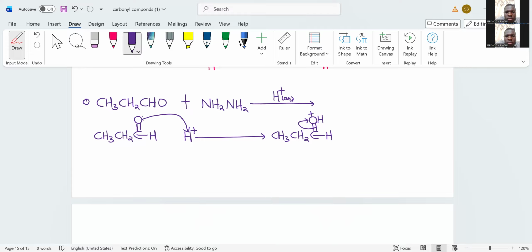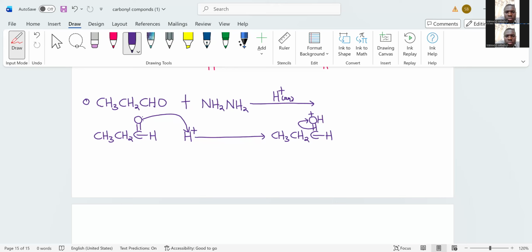We give it electrons using those in the double bond. Once we give oxygen electrons, now carbon also becomes electron deficient. Why? I am taking electrons from a covalent bond which was formed when carbon contributed electrons and also when oxygen contributed electrons. Now I have taken those electrons and donated them to oxygen. So carbon is also becoming electron deficient.